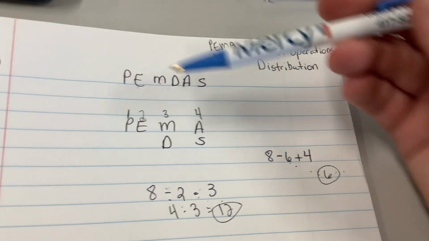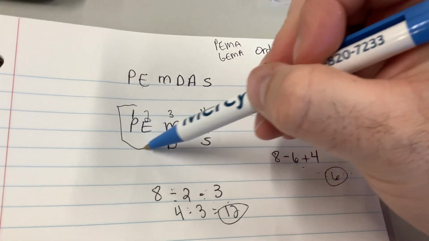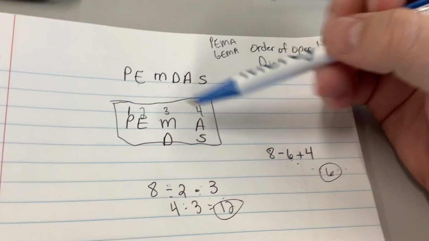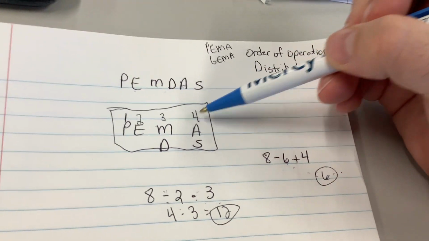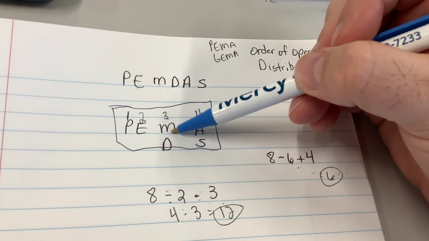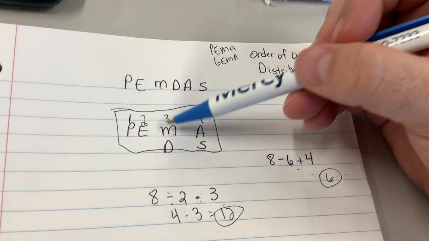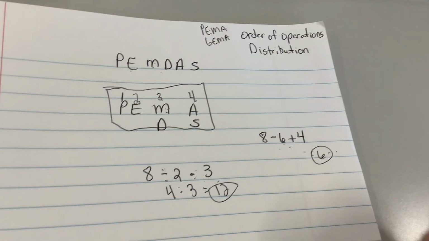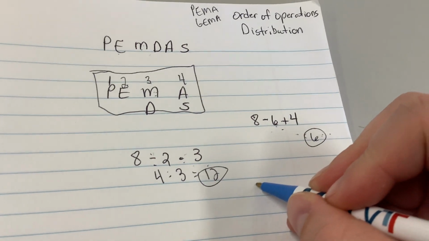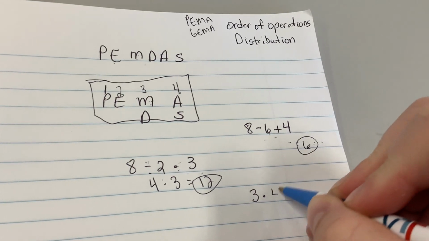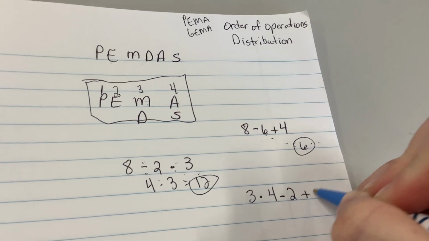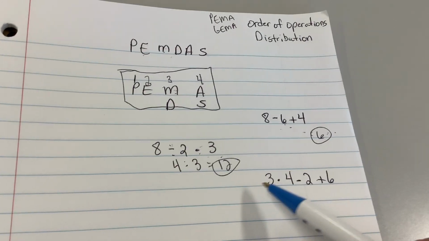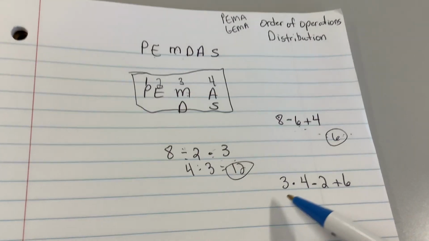Now, one thing about it, though, is this is a pretty good representation, because you do have to go in this order, meaning if you have a multiplication and then a subtraction or addition, you do the multiplication first. And let me give you an example of that. So if I have 3 times 4 minus 2 plus 6. Okay, so here's this long problem.